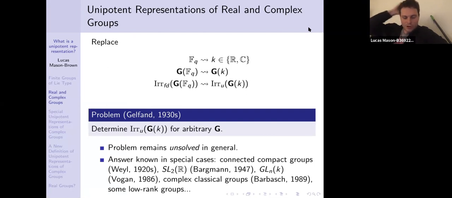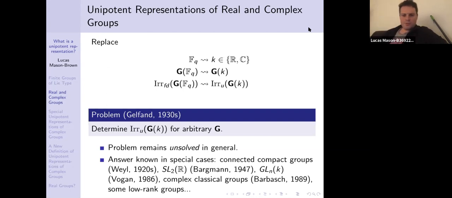The problem is to determine and to classify in some sense the irreducible unitary representations of G(K) for arbitrary G. So we know the answer in some special cases. We know the answer, of course, for compact connected groups: all irreducible unitary representations are finite dimensional and classified by highest weights.